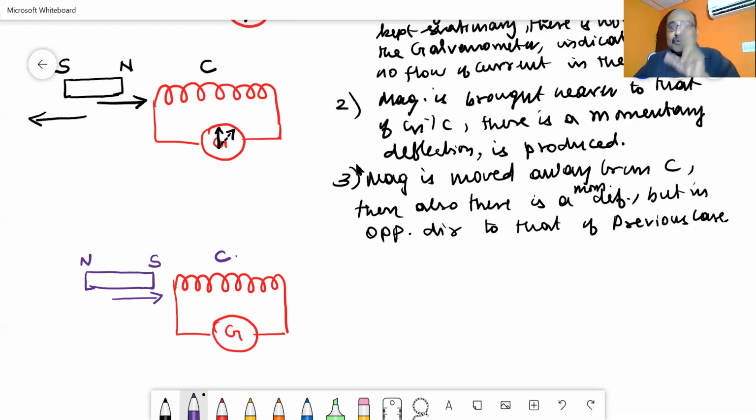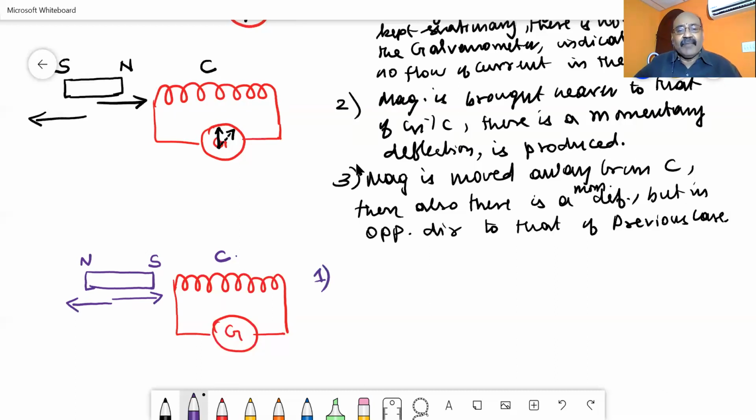Similarly, when you withdraw the magnet away, the deflection will be just opposite to the previous case. So in this experiment, what are the two conclusions?